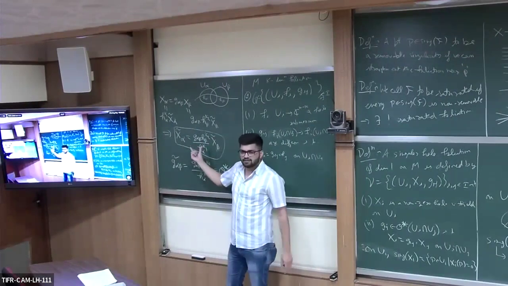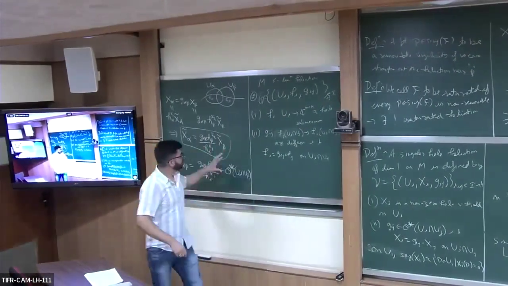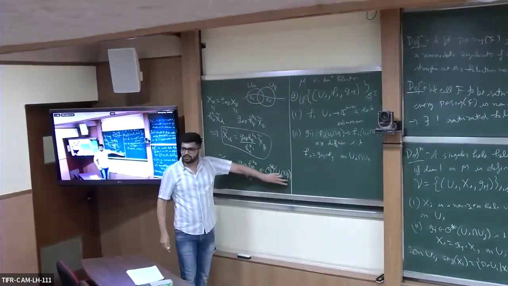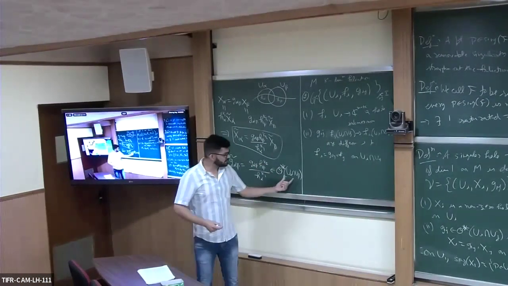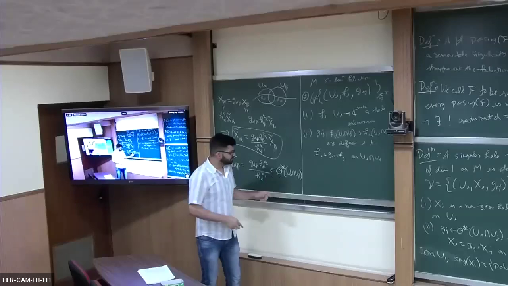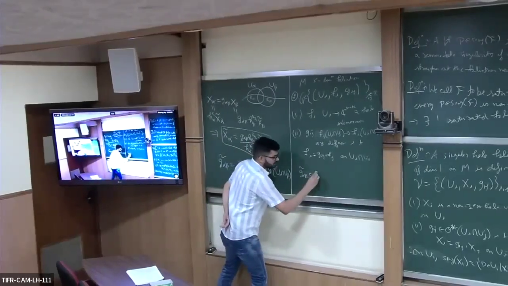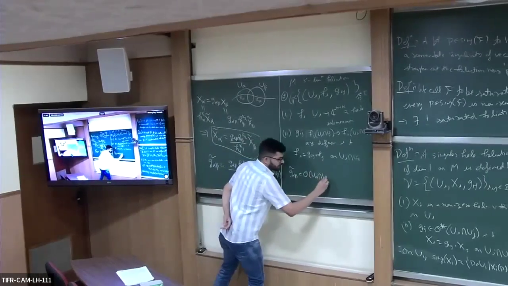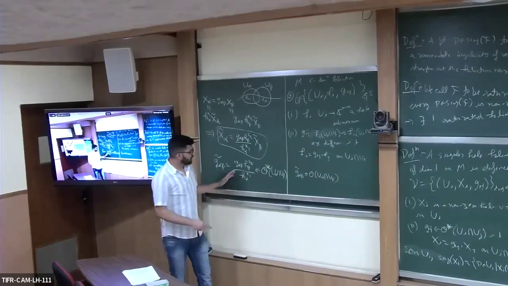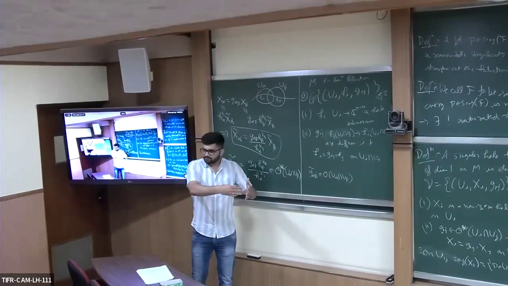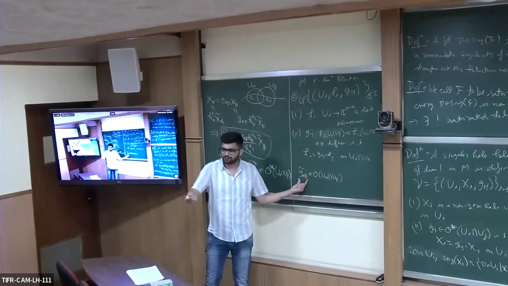So that's why we can extend these functions to the whole of U alpha intersection U beta, as a holomorphic function on some open set. So what happens is this g alpha beta tilde is now holomorphic on U alpha intersection U beta, but it is non-vanishing away from the zero set. So the zero set of this function is at most codimension 2.